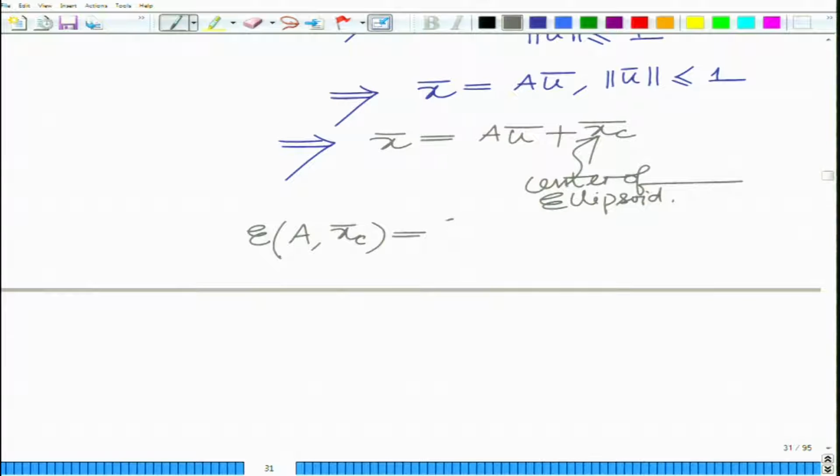Okay. And therefore, the ellipsoid corresponding to matrix A and center x c bar can now be represented as the set of all vectors x bar equals x c bar plus A u bar such that the norm of u bar is less than or equal to 1.